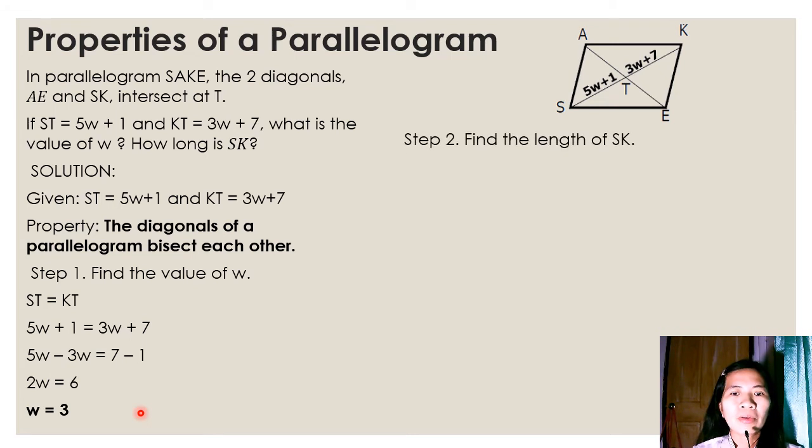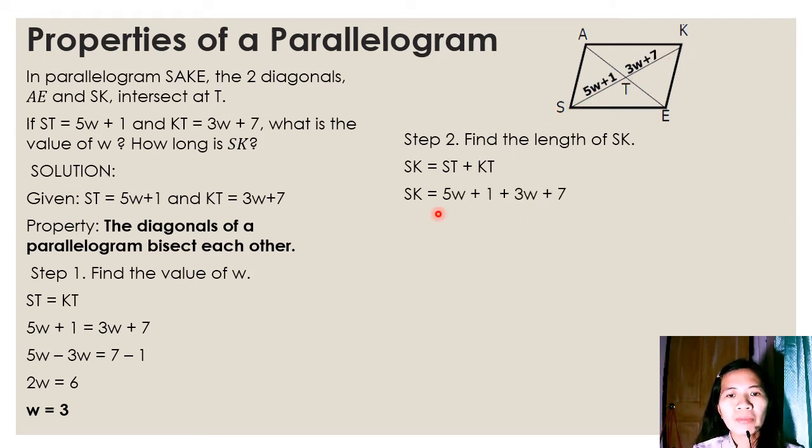Then we are going to find the length of SK, the diagonal. So segment SK is equal to segment ST plus segment KT. Meaning the sum of these two segments will be the diagonal.